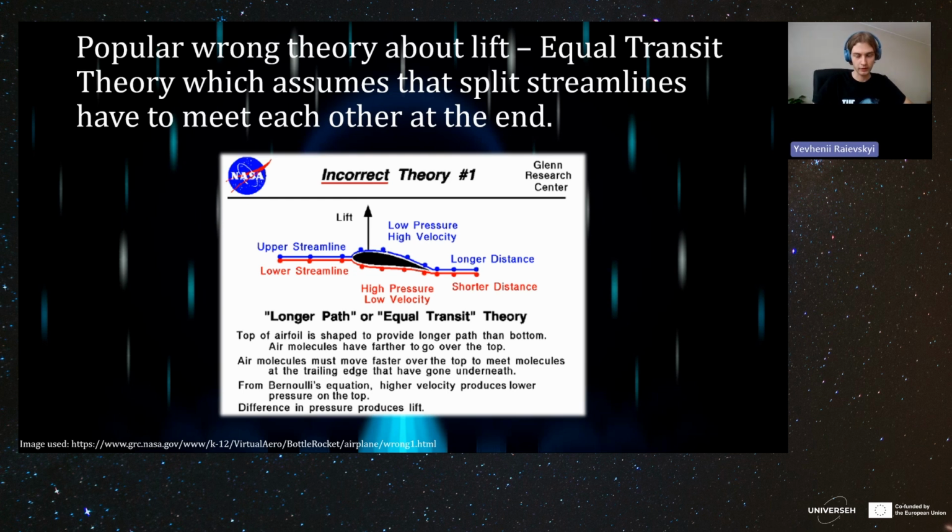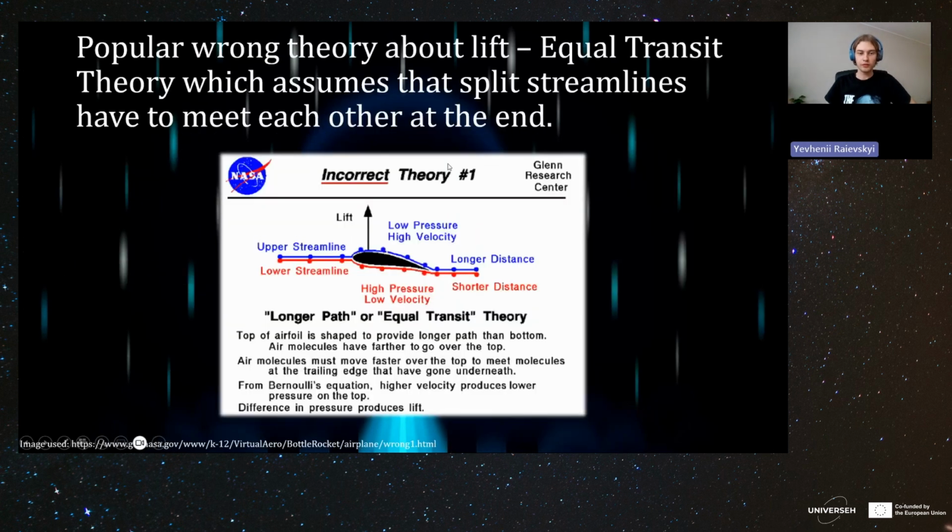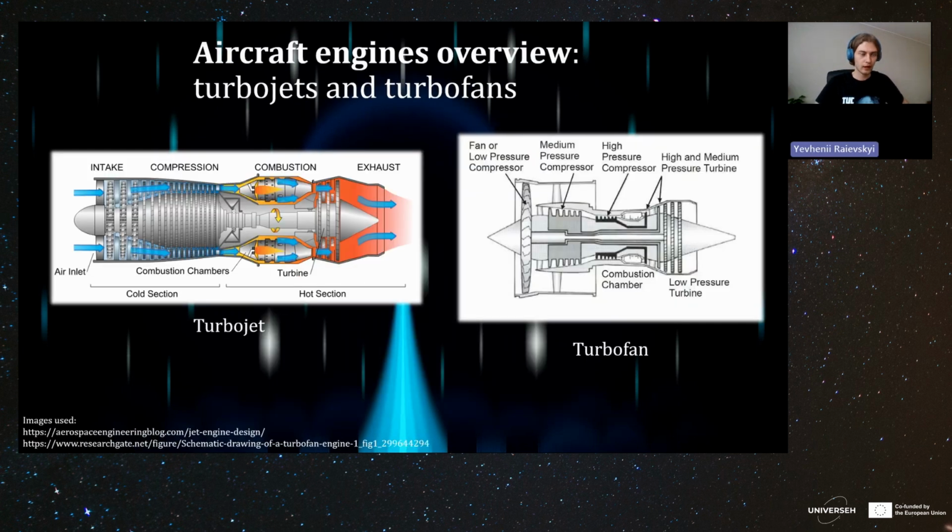We know that from here, as I've explained, but the reason for this is wrong, because this theory just states that they have to meet, but there's no law of physics that tells us this is true, just some assumption that had been proven in the experiments later to be not true.